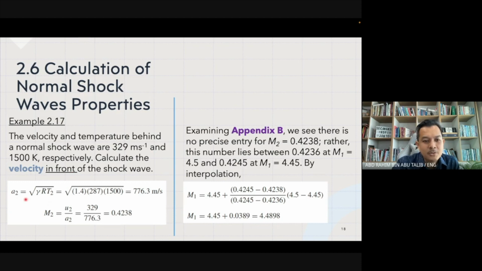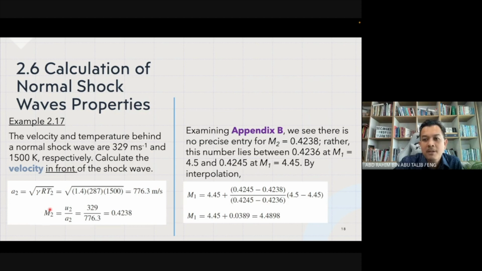Again, finding the a2, you will get the speed of sound at station 2 to become 776.3 meter per second, because this is the velocity and temperature behind the normal shock being given. Now you have to find what is happening in front of the shock wave.